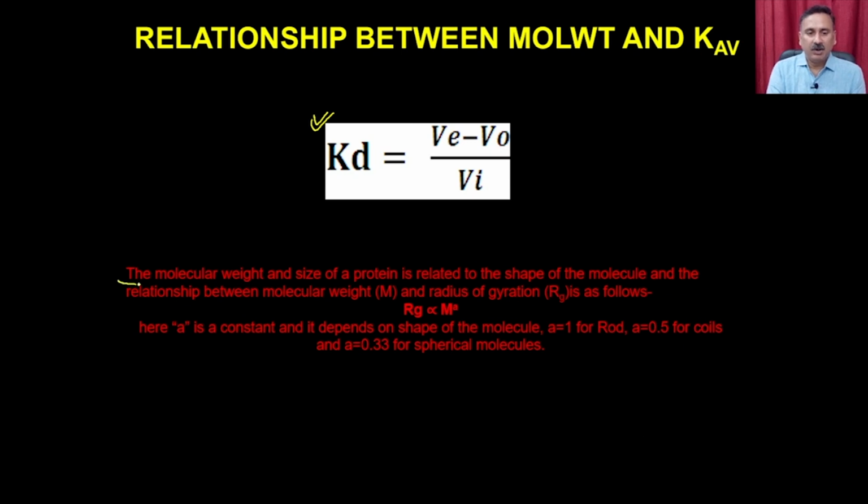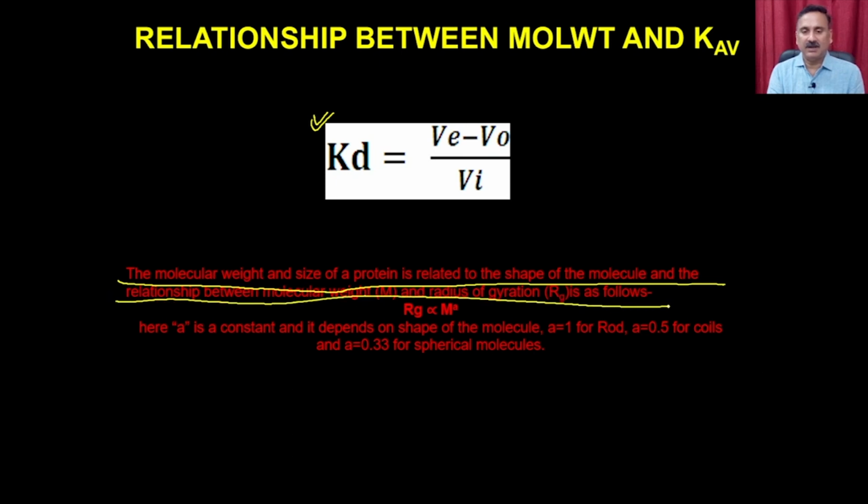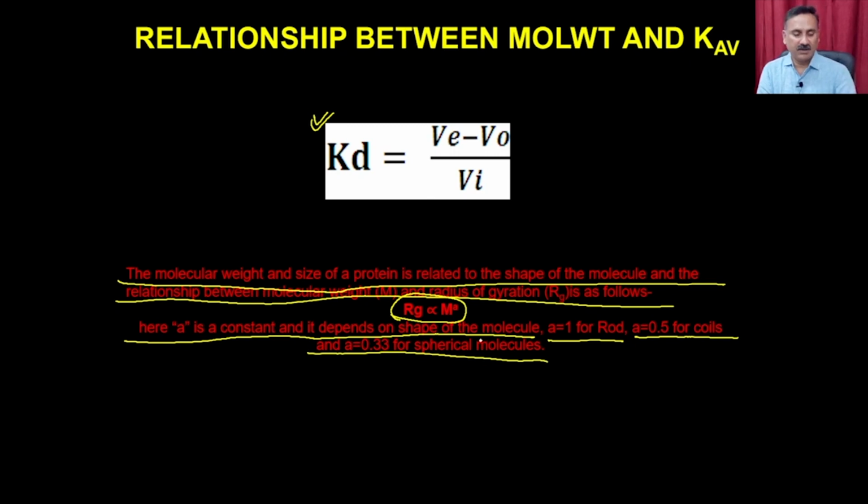The molecular size of a protein is related to the shape of the molecule, and the relationship between the molecular weight and the radius of gyration is that Rg is M to the power a, where a is a constant and depends on the shape of the molecule. So a is 1 for a rod, a is 0.5 for a coil, and a is 0.33 for spherical molecules.